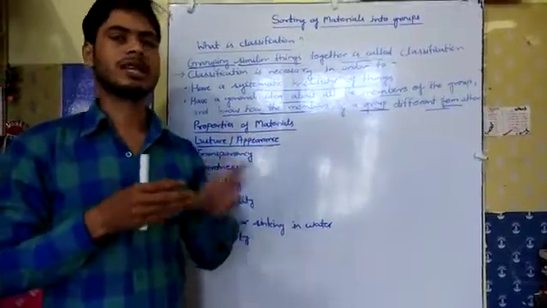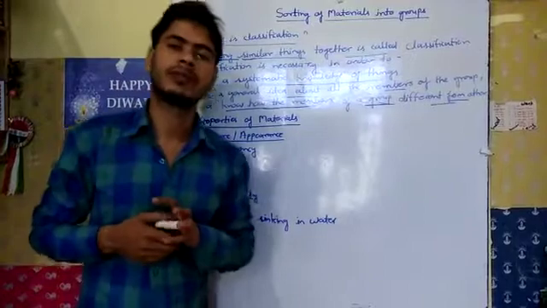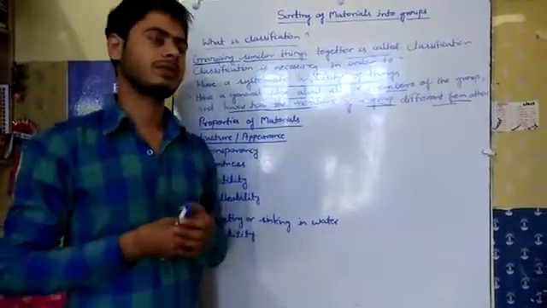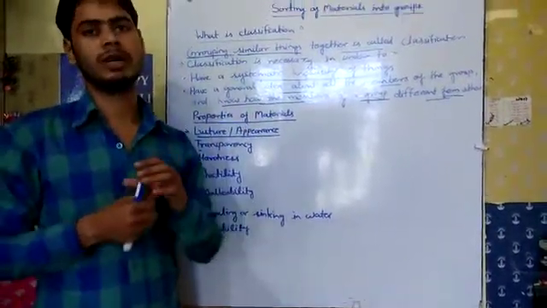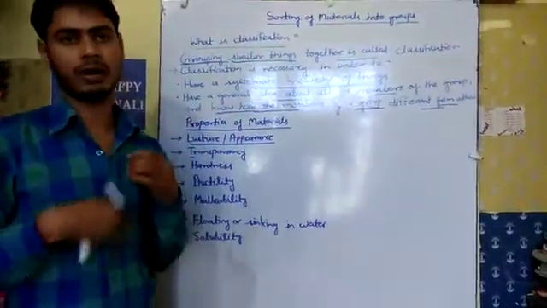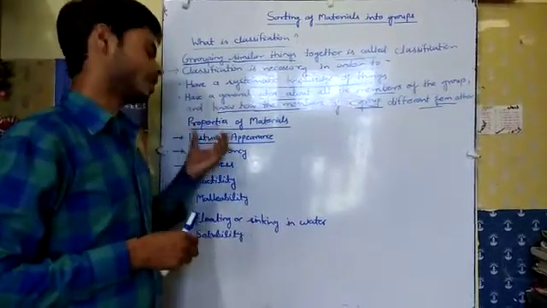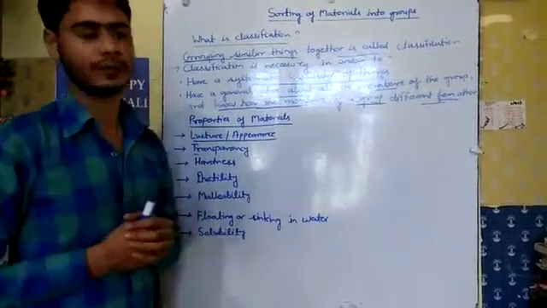Copper has metallic luster, but graphite is very rough. So we can categorize objects on the basis of luster or appearance, that means how they look.